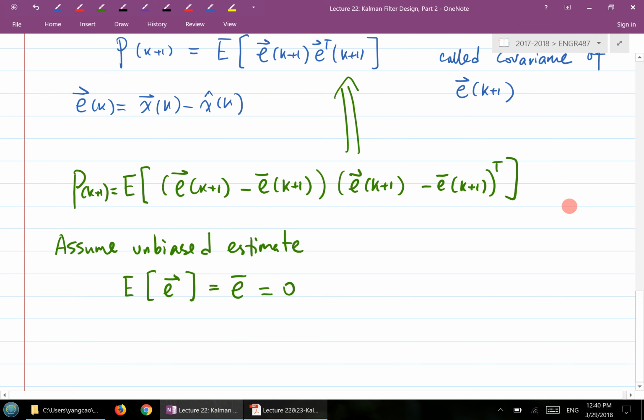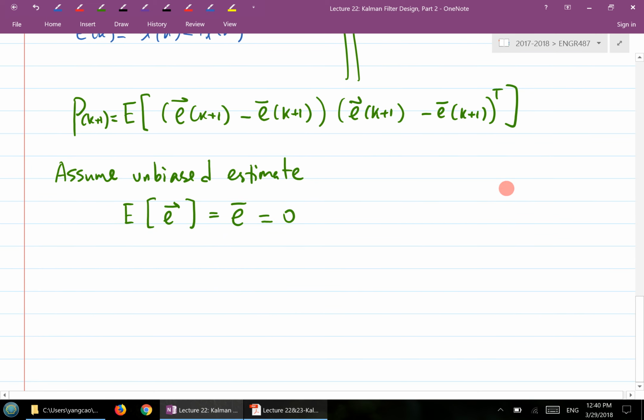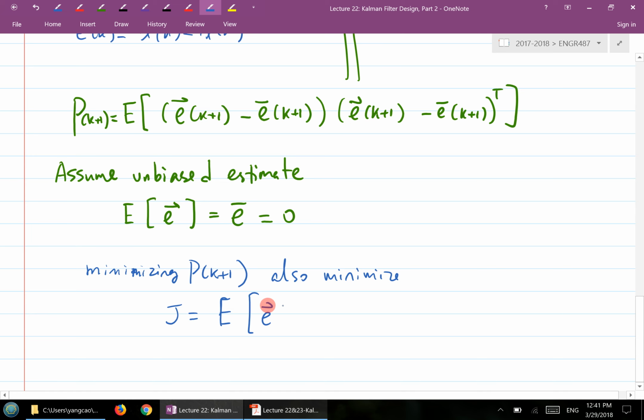Mathematically, just a side thing here. Another thing you should also know is that minimizing this P, this expression here, also minimizes the following expression: J equals the expected value of E transpose k plus 1 times E k plus 1.